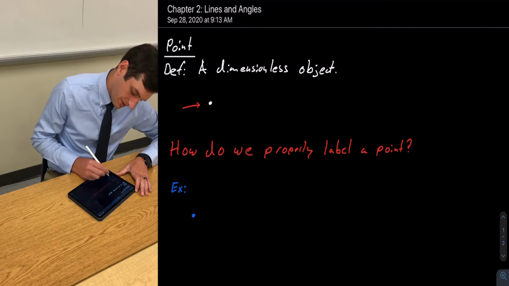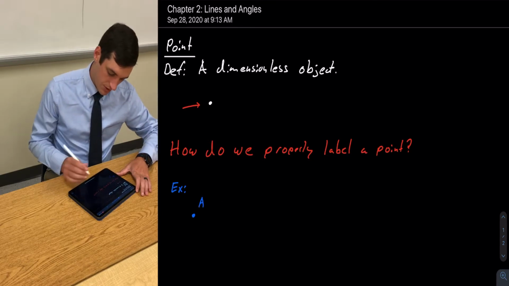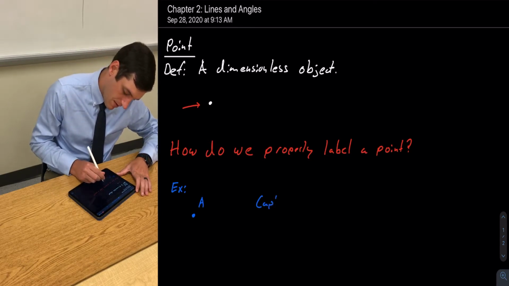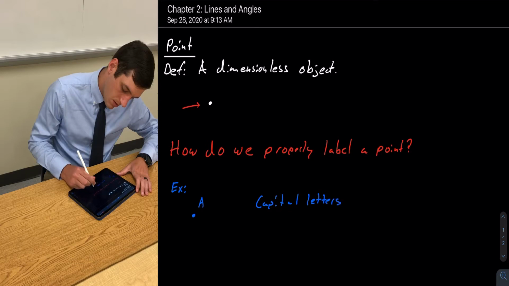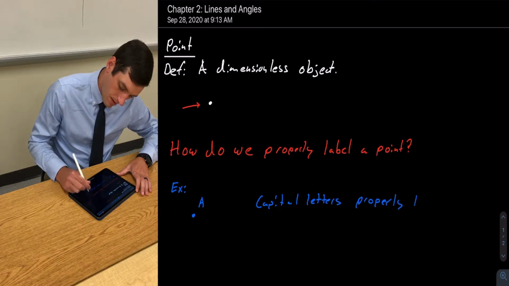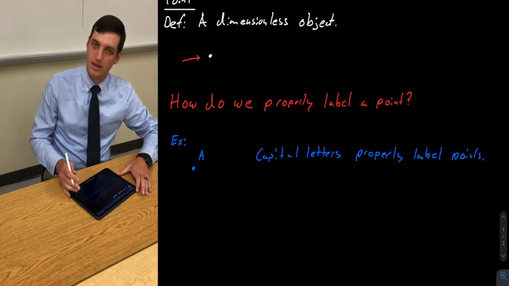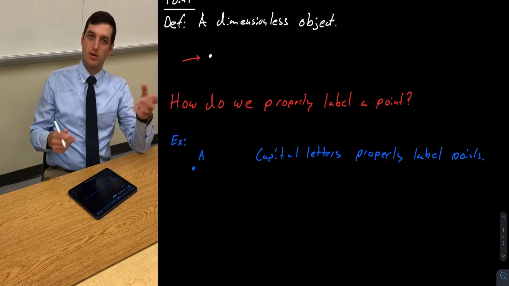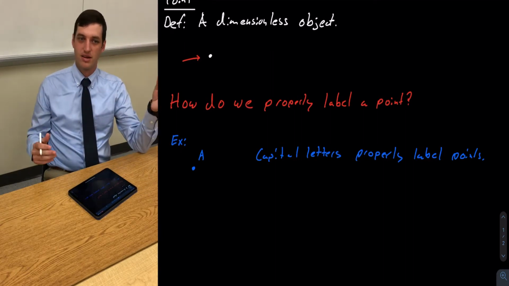And it's just going to be a little dot, and it's going to be a capital letter. Make it a little bit more visible. So capital letters properly label points. Okay, so that's how you properly label a point, is that it's denoted by a capital letter.